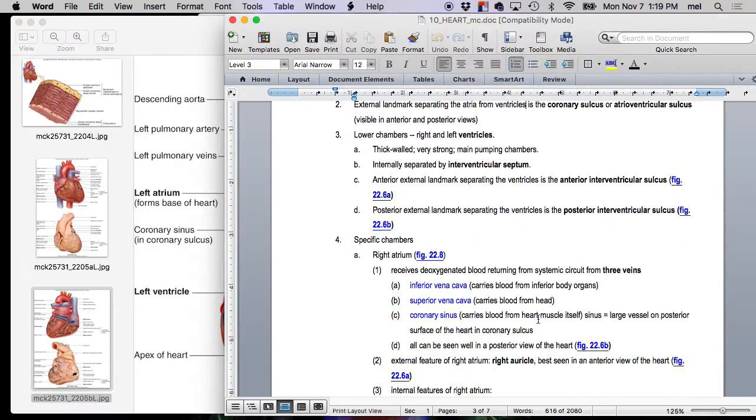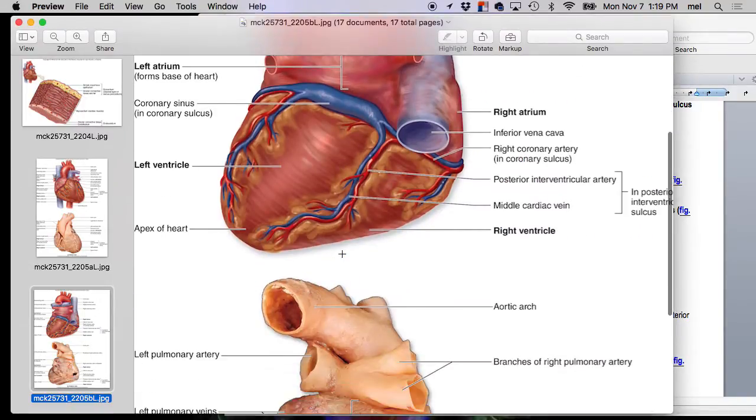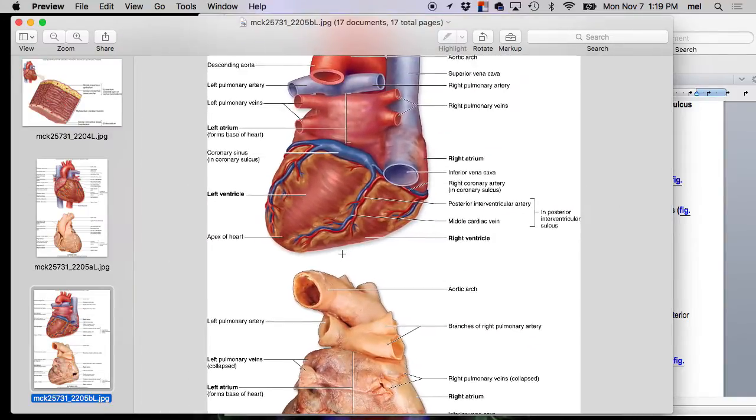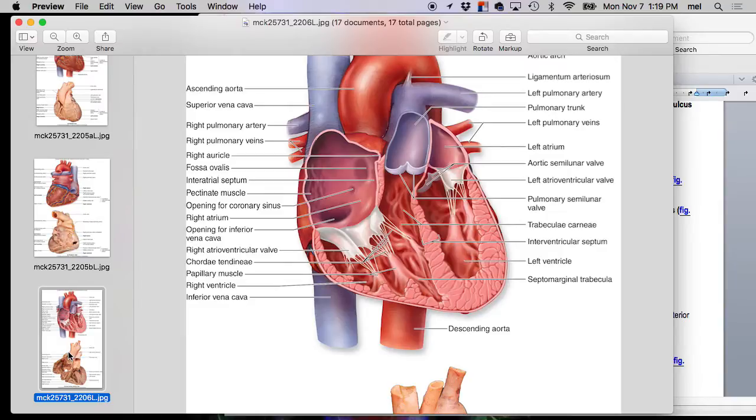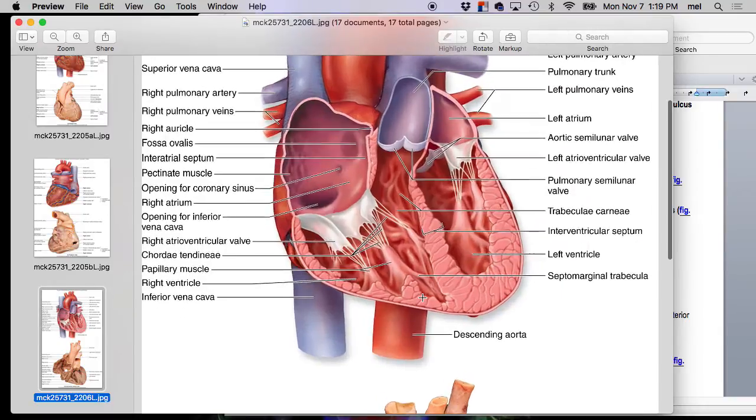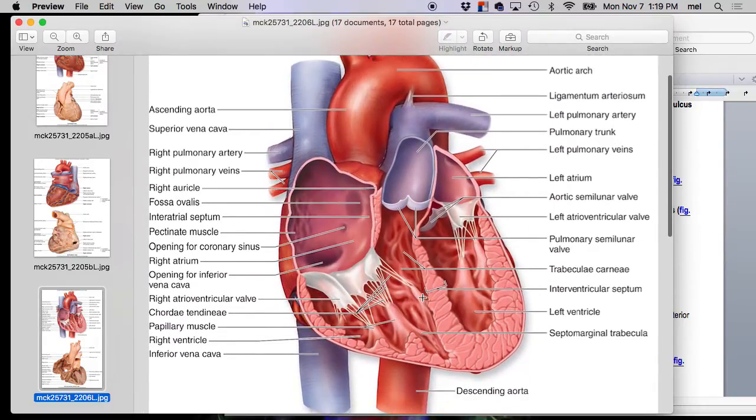So now let's start looking at the chambers. Really the only challenging thing at all with the heart, understanding the anatomy, is making sure that you always can confirm and be really confident as to whether you're in the left side or the right side of the heart. There's a bunch of different ways to do it. I'll tell you the way that's really, really dependable.